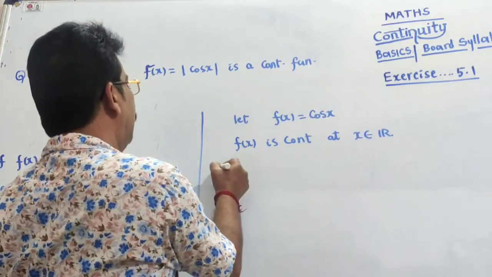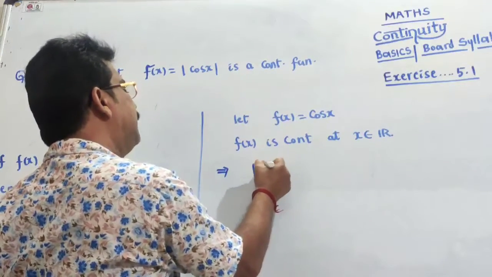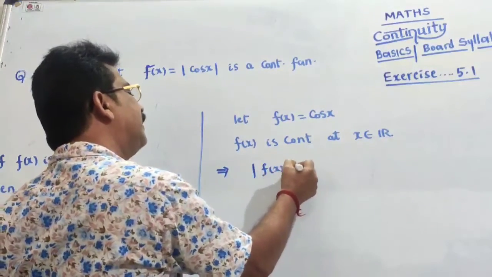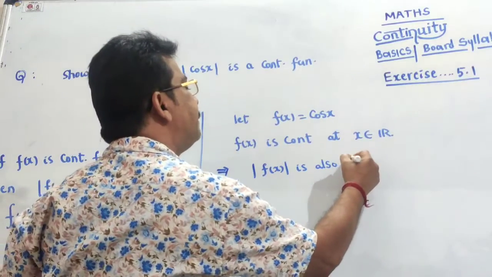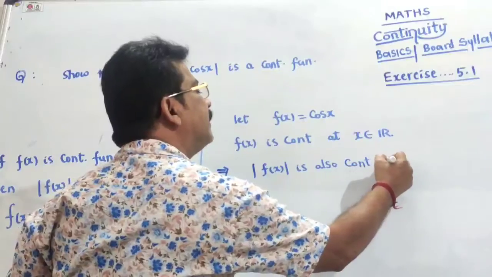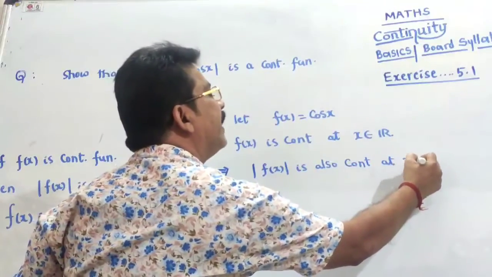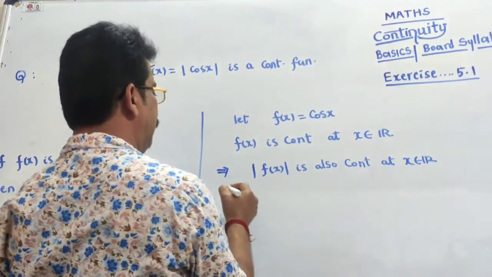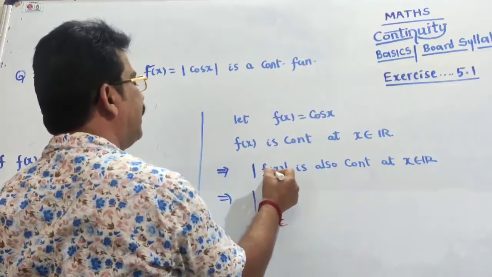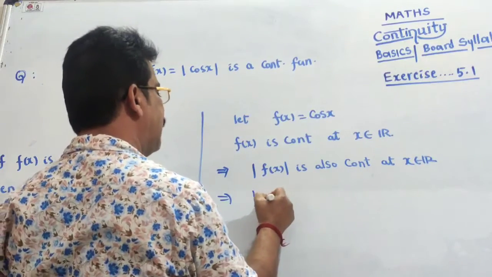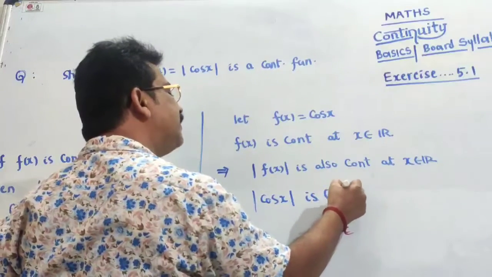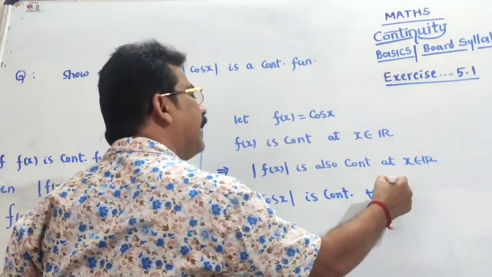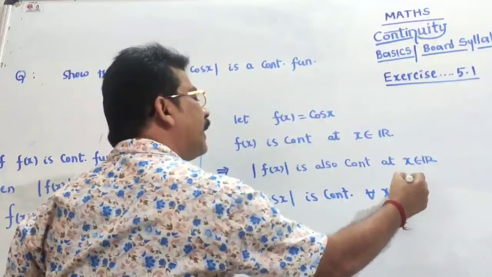So therefore that implies modulus of f of x is also continuous at the same points x belongs to capital R. That implies modulus of cos x is continuous for all x belongs to capital R.